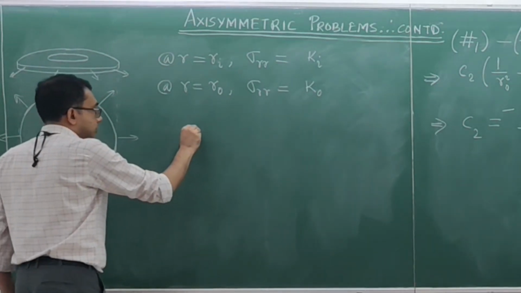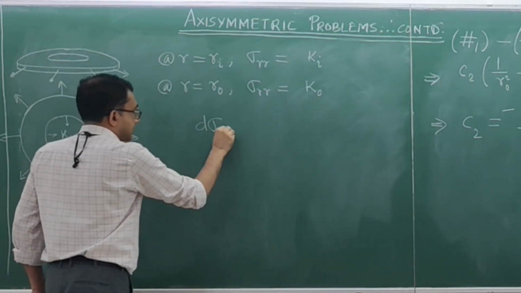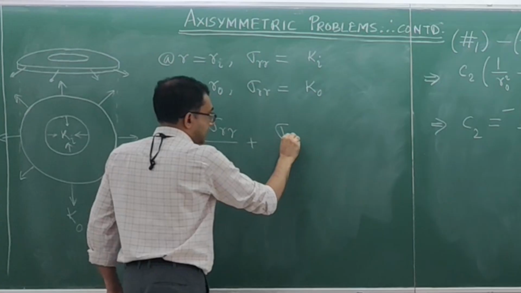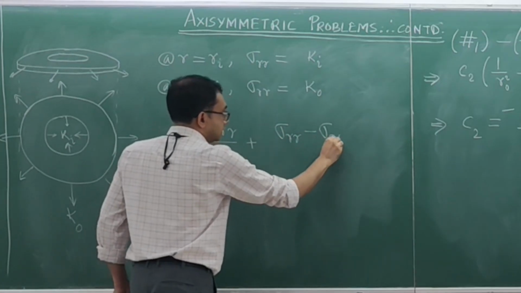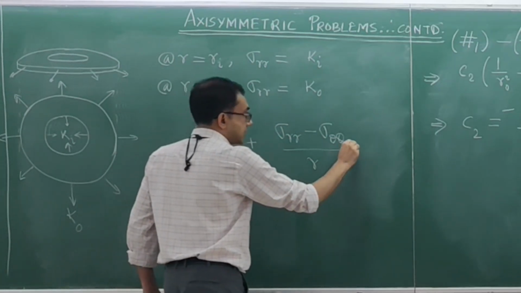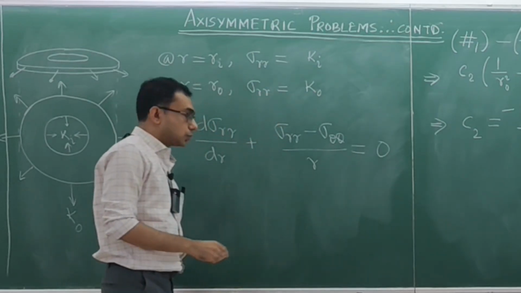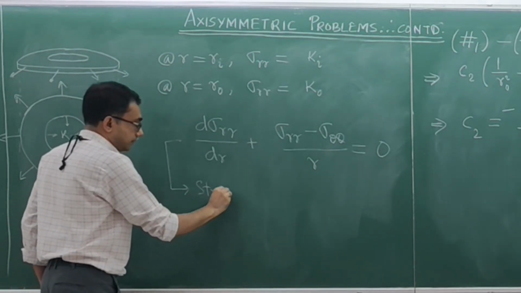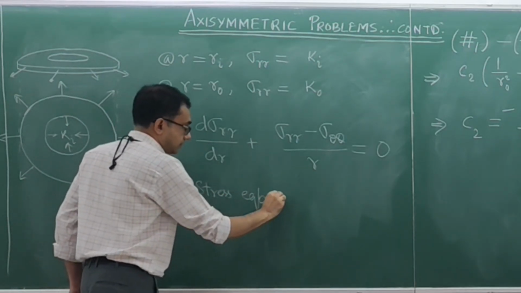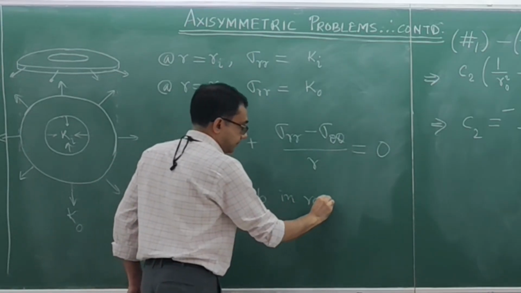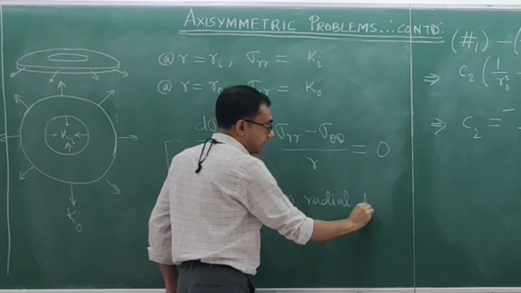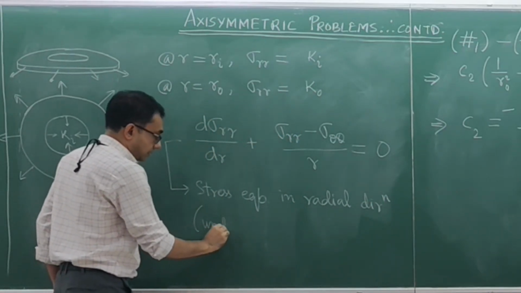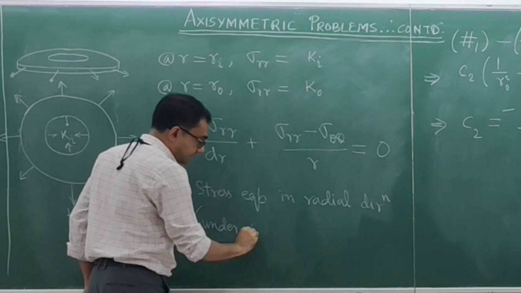So the governing equation still remains this: d sigma rr by dr plus (sigma rr minus sigma theta theta) divided by r is equal to 0. Okay, what is this? This is the stress equilibrium equation in the radial direction under the condition of axisymmetry.